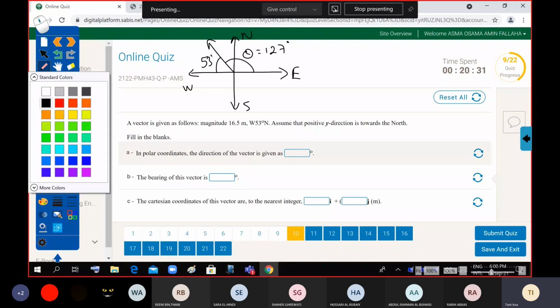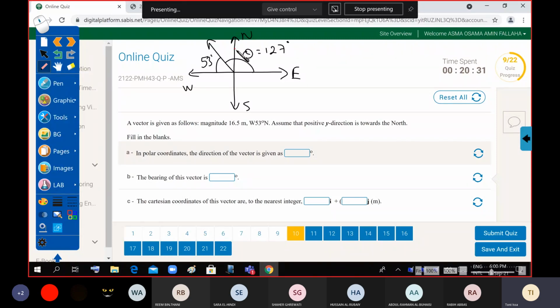To find the bearing, it's from north clockwise. So from north, we need to go clockwise towards the vector. This is the bearing. What will be the measure of this angle? It's geometry. As you can see, I can find this angle here, which will be 90 minus 53. You will get 37.